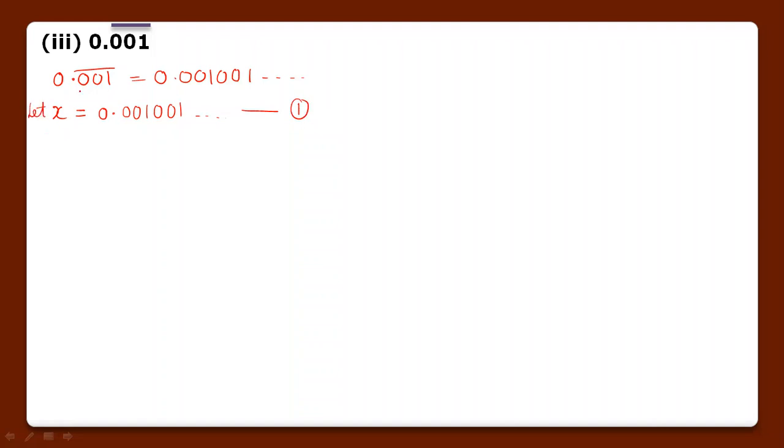Then अब बात 3 नंबर्स पे है, सो हम किससे मल्टीप्लाई करेंगे? बाय 1000. अगर 2 नंबर पे होता तो 100 पे, और 1 नंबर का हम केस कर ही चुके हैं. मल्टीप्लाइंग बोथ साइड्स बाय 1000.